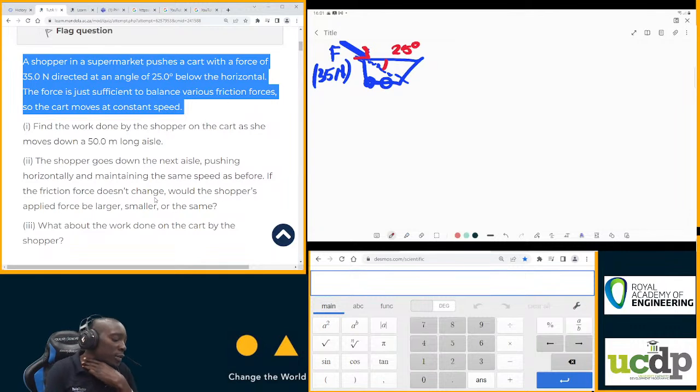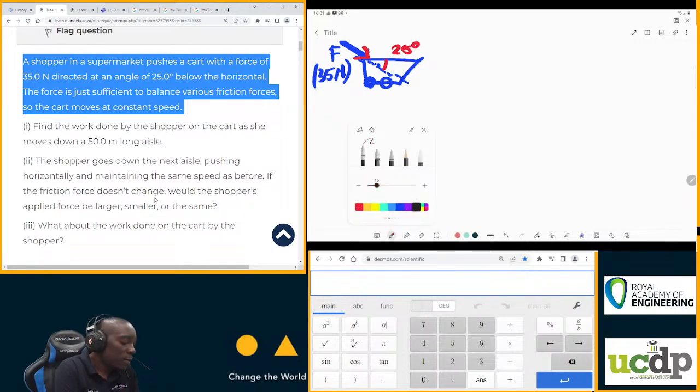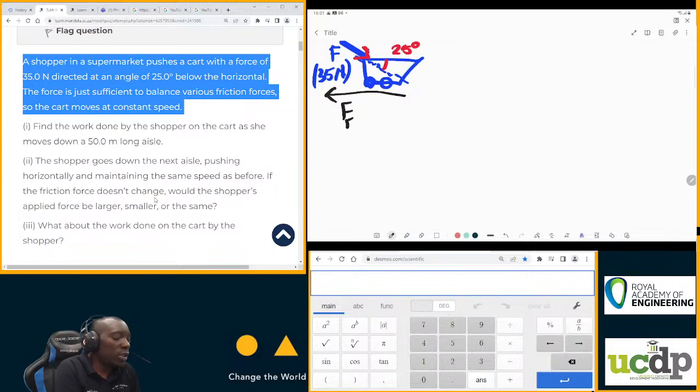So that means the force is just sufficient to balance various friction forces. So we have friction acting from the ground, friction, subscript R. Friction acts opposite, and this force is just sufficient to counterbalance that, so that the cart moves at constant velocity v.